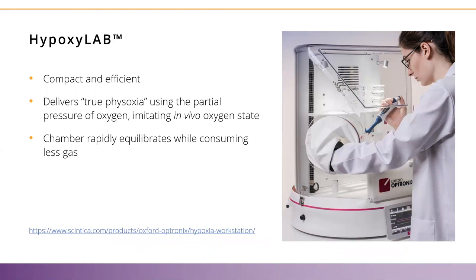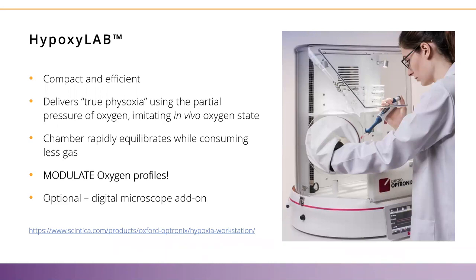So it's compact, efficient, gives you the ability to mimic physiologia. And as an added bonus, for me the most interesting part of this is that you basically can modulate oxygen profiles. So throughout a longer period, you would be able to go from high oxygen to low oxygen and have that as an added advantage instead of having a huge incubator only running at one specific percentage, or preferably in the future at one specific millimeters of mercury partial pressure of O2 rating.